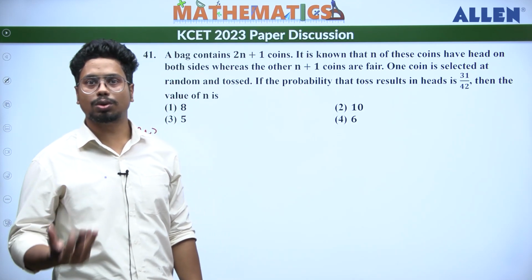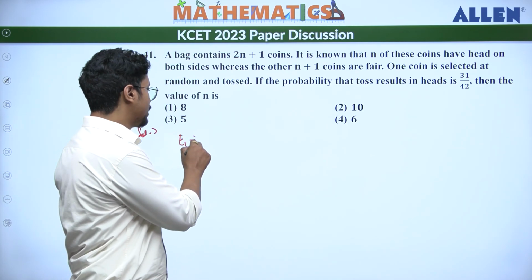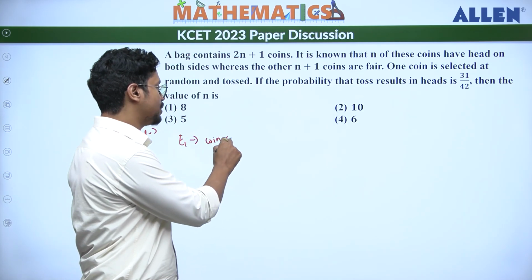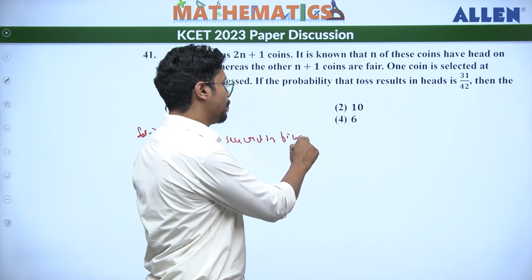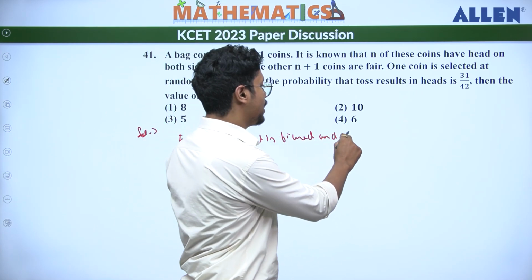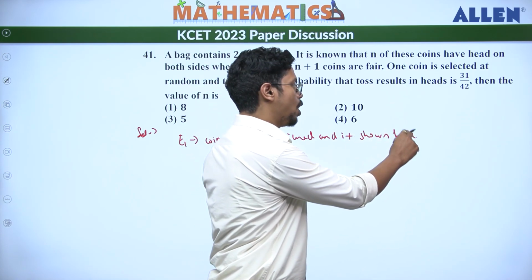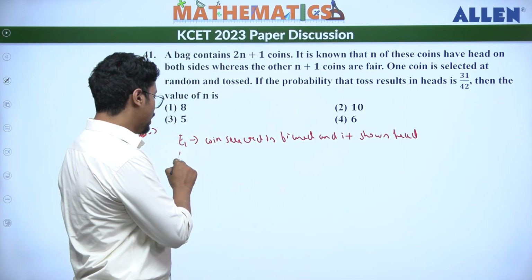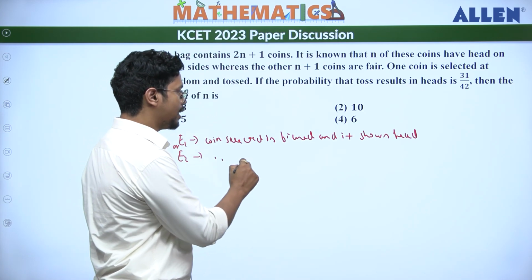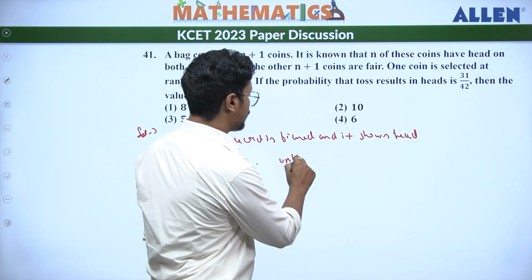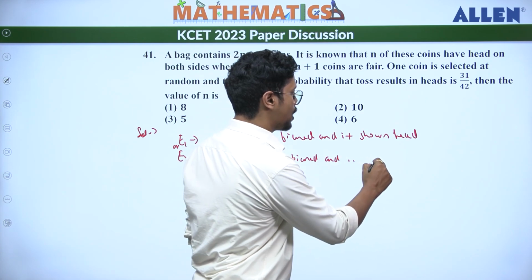Now, there are two possible events. One event is that the coin selected is biased and it shows head. Or the other event is that the coin selected is unbiased, or you can say a fair coin, and it shows head.